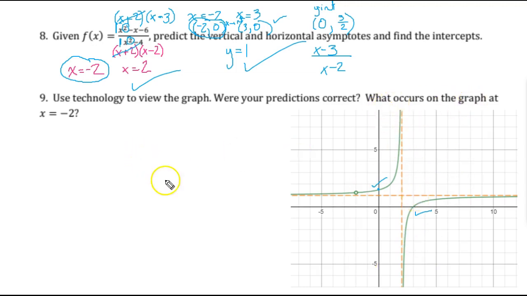What occurs in the graph at x equals -2? There's not an asymptote, but there's actually a physical hole in the graph. When a fraction reduces, it leaves a hole in the graph.